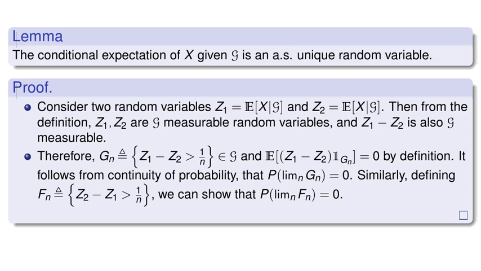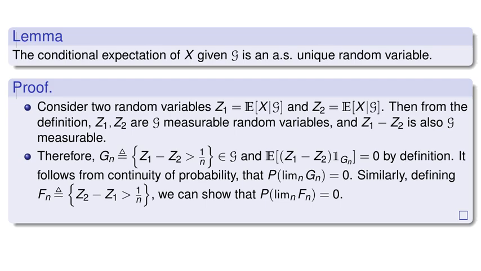Therefore, the event G_n, defined as the set where Z1 minus Z2 is greater than 1 over n, must belong to script G for any positive integer n. By the defining property of conditional expectation, property 2, the expectation of the difference Z1 minus Z2 times the indicator of G_n must be 0.